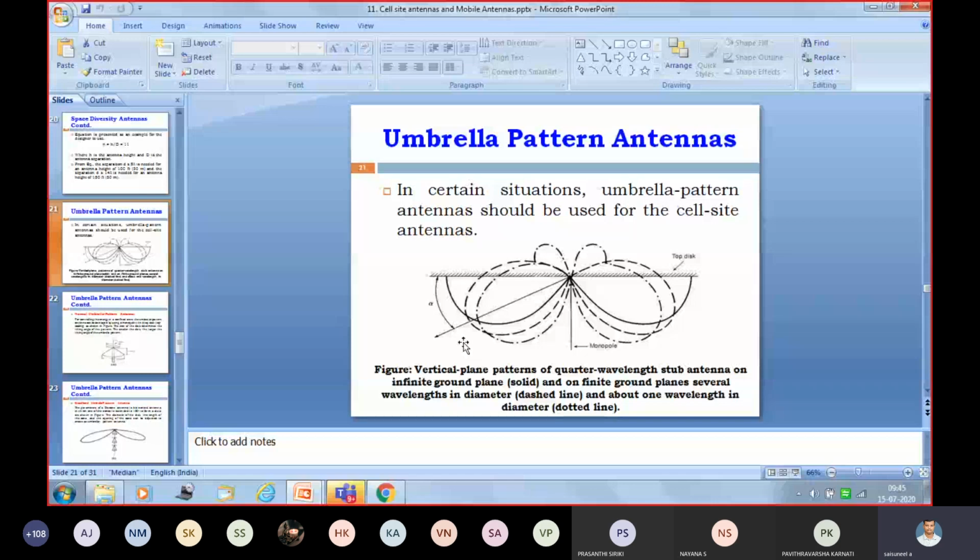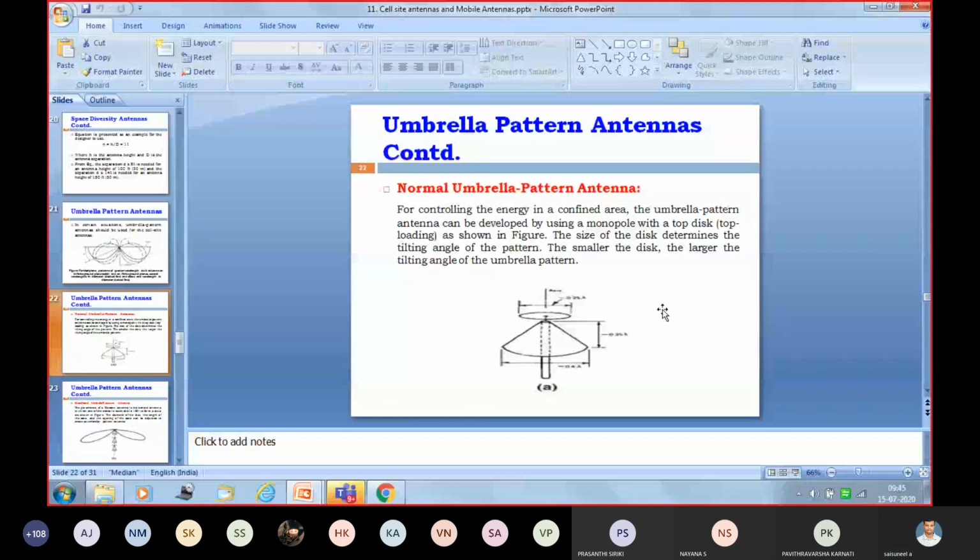The size of the center disc can be determined by the tilting angle of the pattern. You know how it works. The signal is received and reflected by the umbrella and finally reaches the disc. For transmitting, from the disc it is reflected by the umbrella and finally reaches the space. That is just like reflection.